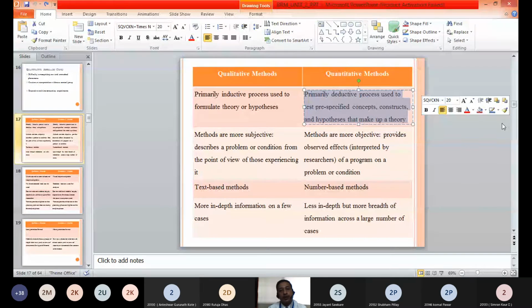So in quantitative method, primarily we test the already established hypothesis, theory, or different concepts, whether those concepts or theories actually work as they are in practice or not. That type of process is called a deductive process, which is there in quantitative method.